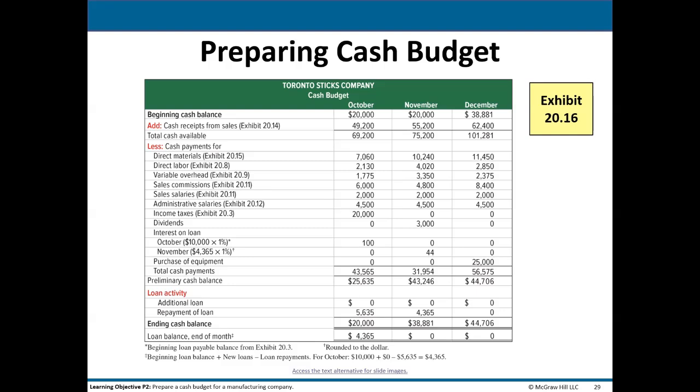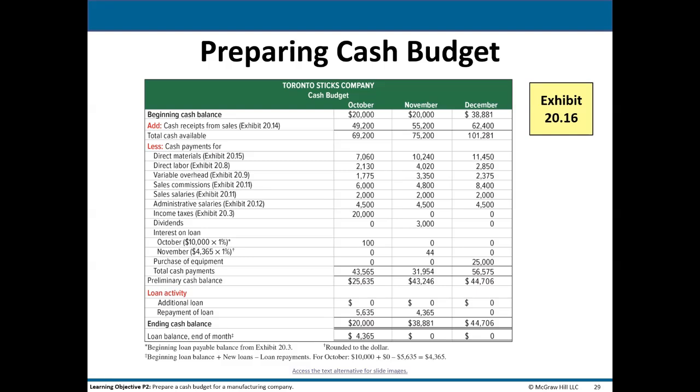We then add $49,200 in cash receipts from customers. We then subtract $43,565 in cash payments for direct materials, direct labor, overhead, selling expenses, general and administrative expenses, and income taxes due and paid in October.